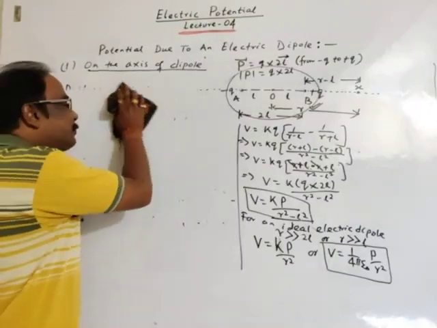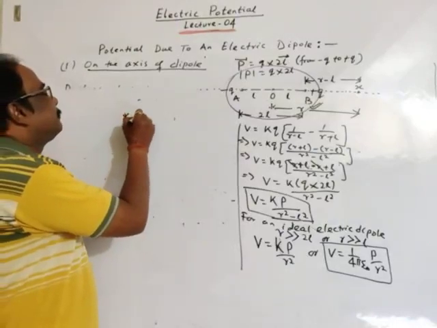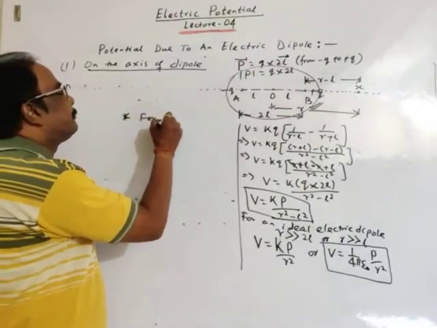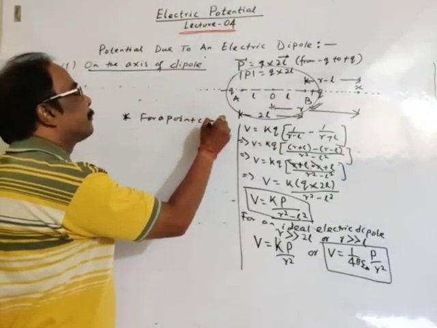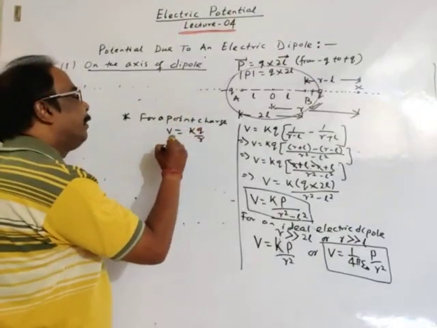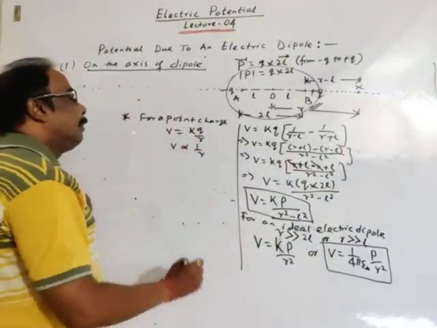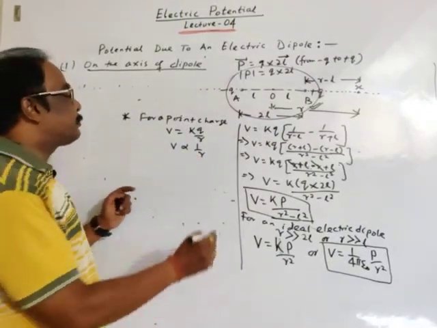I am just showing you the comparison for a point charge. Potential is K Q by R, inversely proportional to the distance from the point charge.